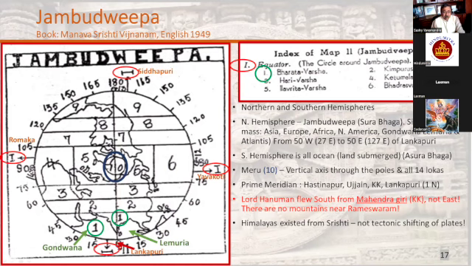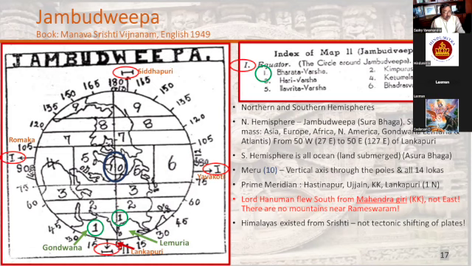So the prime meridian in the olden days used to pass through Hastinapur, Ujjain, Kanyakumari, and Lankapuri. So where is Lankapuri? If you look at Lankapuri, it is at the intersection of the prime meridian with the equator. So the circumference you're looking at is the equator. If that were the equator, and if this vertical line right here is the prime meridian, then the intersection of the prime meridian and the equator is where Lanka is situated.